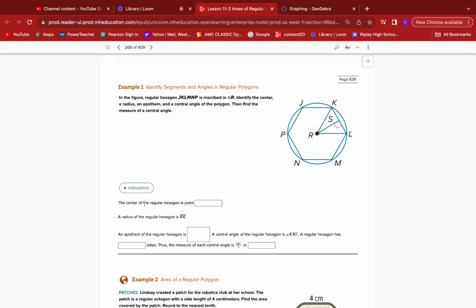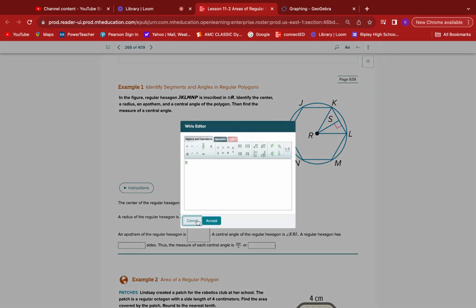I got you. The center is R, because anytime you name a circle, you name it by its center. The radius is RK, and it's actually also RL, so either one is good. The apothem of the regular hexagon is RS.